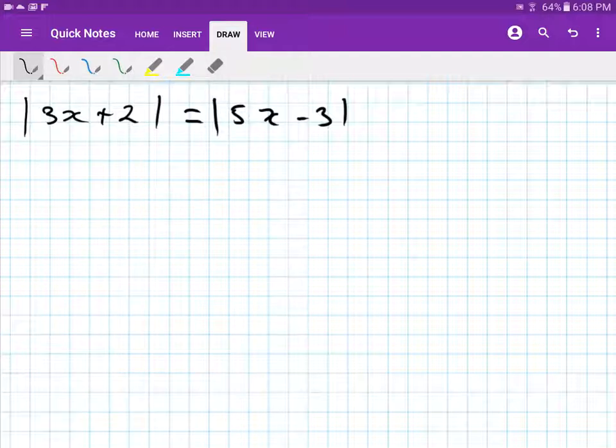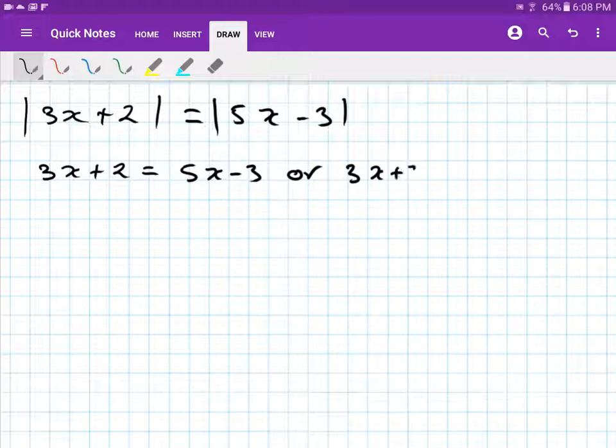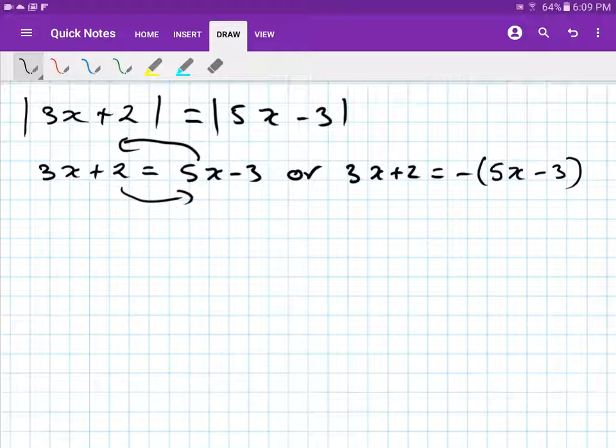So back to this. This means that 3x plus 2 is equal to 5x minus 3, or 3x plus 2 is the same as minus, open bracket of course, because more than one term, 5x minus 3. To solve this, I move the 5x on this side, I move the 2 on that side.